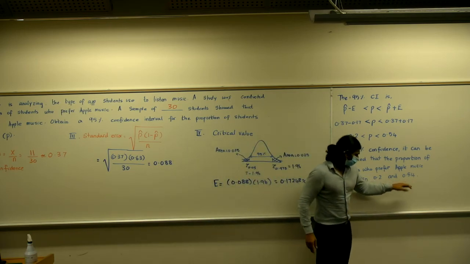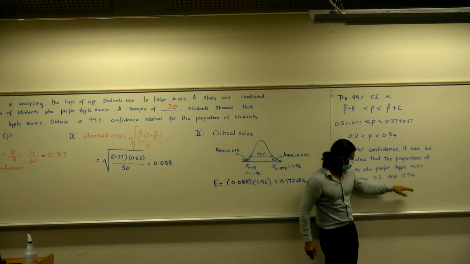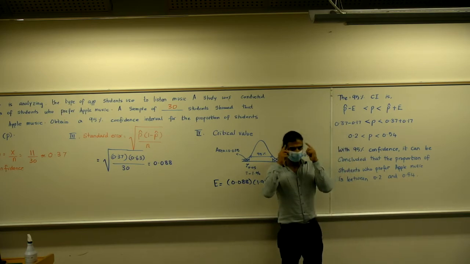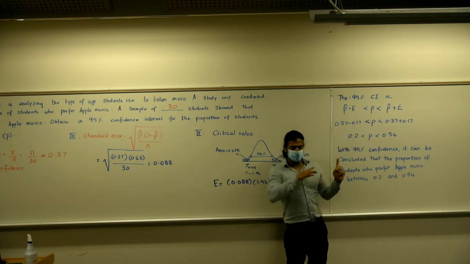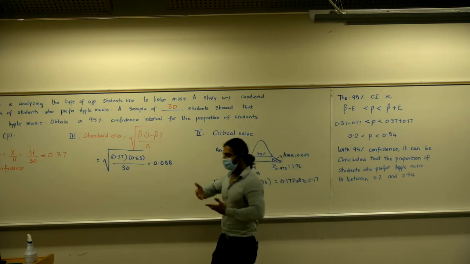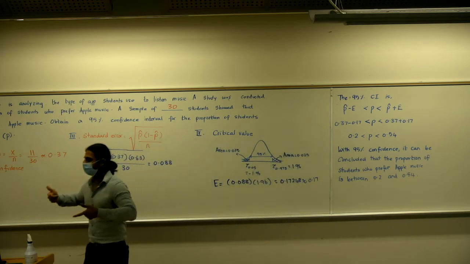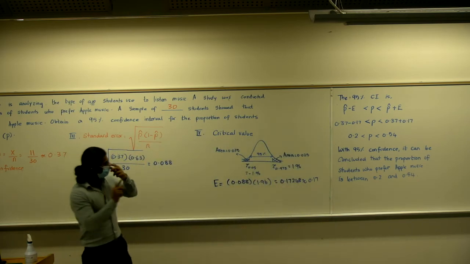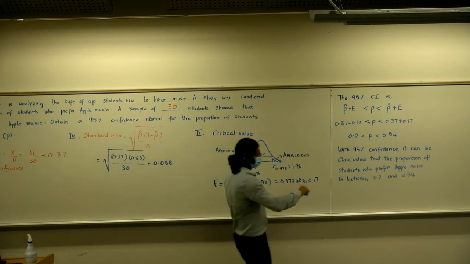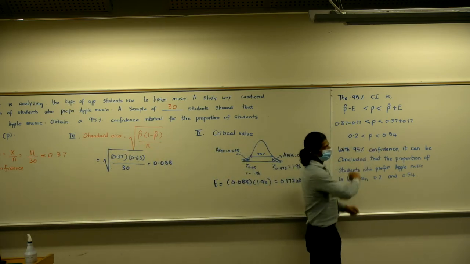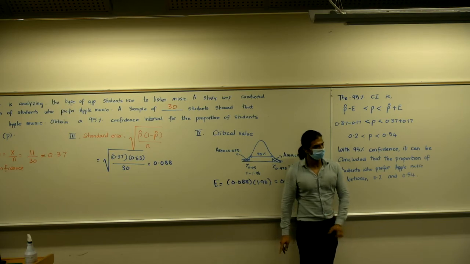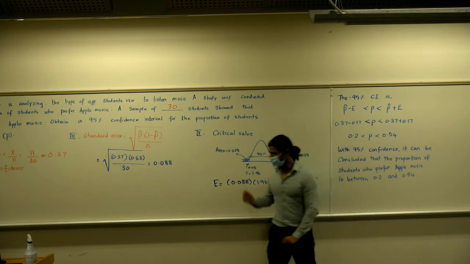So do not misinterpret the interval. Always keep in mind, this means that if you resample and collect 100 samples, 95 out of those 100 would give a p that would lie between 0.2 and 0.54. Does that make sense? Okay.